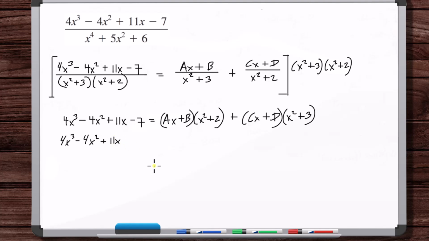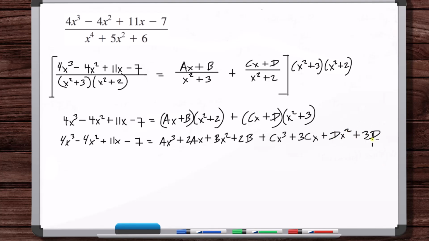So we've got ax cubed plus 2ax plus bx squared plus 2b plus cx cubed plus 3cx plus dx squared plus 3d.